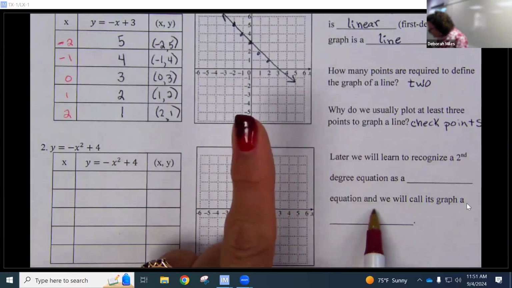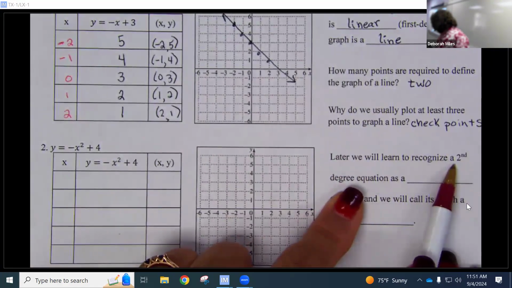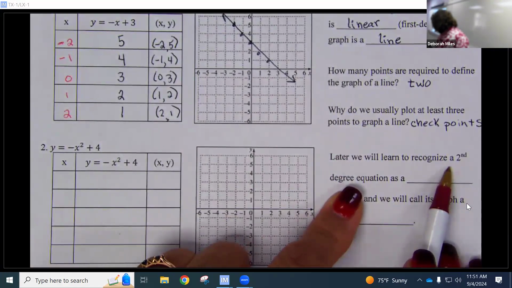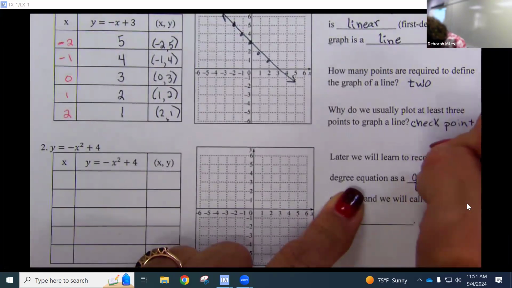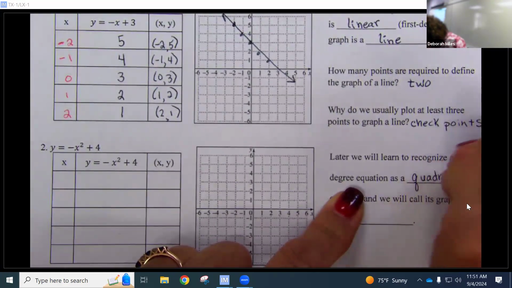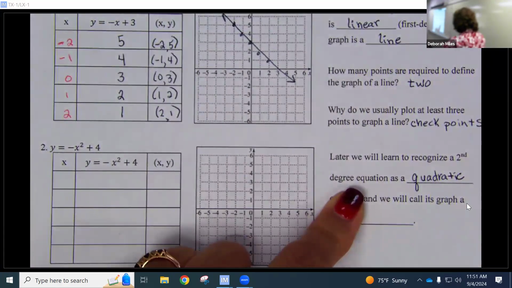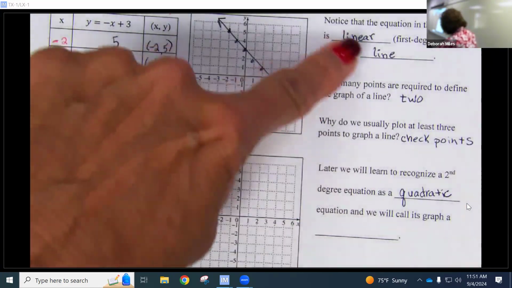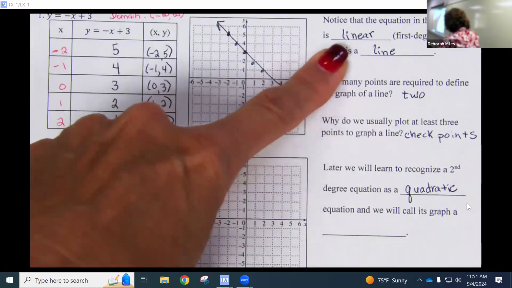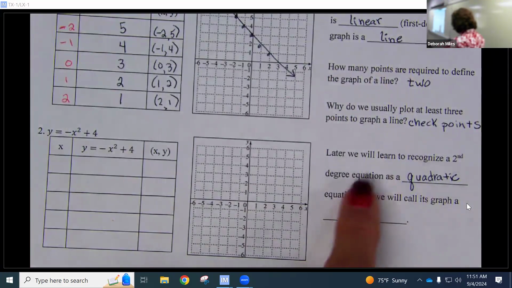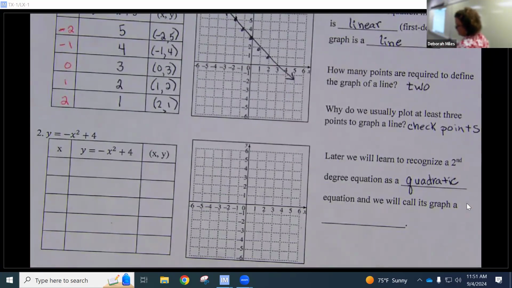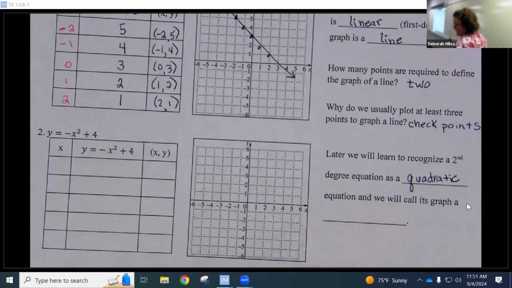Later we'll talk about it more, but I'll give you the word now: a second degree equation is called a quadratic equation. So when I say something about a linear equation, it's a first degree equation. When I say something about a quadratic equation, it's a second degree equation. Now, we'll figure out that last blank in just a minute.